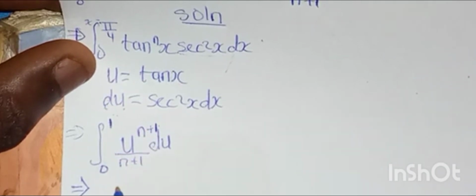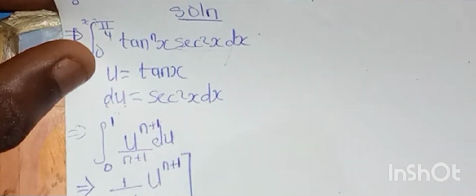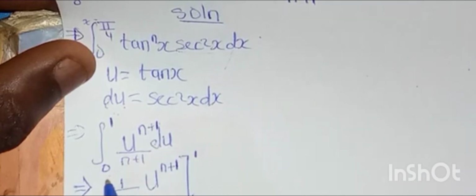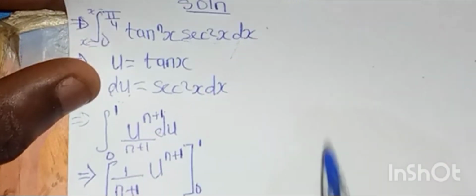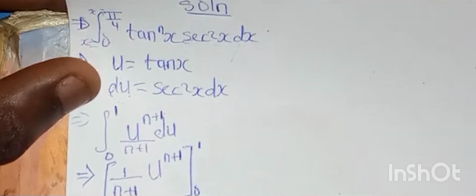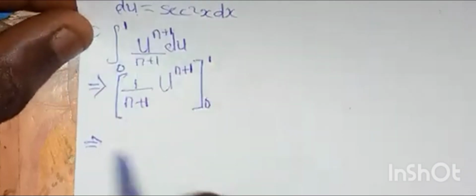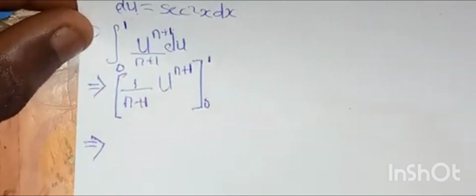That gives me 1 over n plus 1 into u to the power n plus 1, and the limits of integration are from 0 to 1. So I'm just going to plug in 1 and 0.